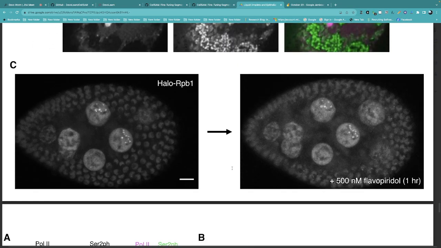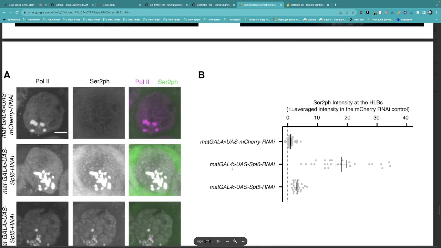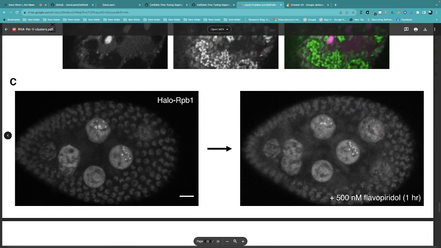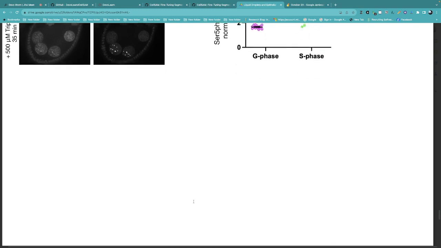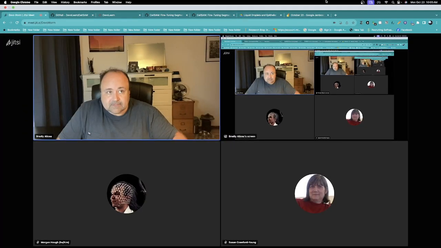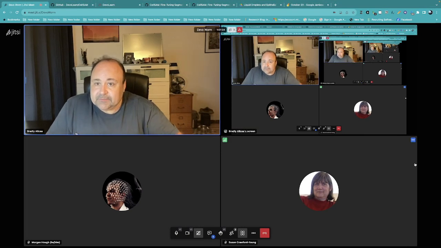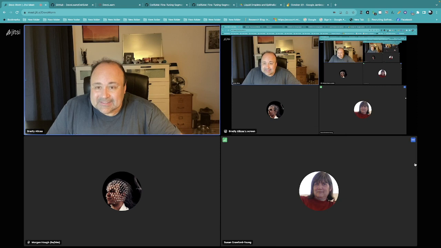And then this just shows more of the same. You see the expression here in these bodies. All right. So that's all for that paper. I just thought it might tie into some of the structural biology we've been talking about. And I thought it was kind of interesting. But it's a different system from the first paper.